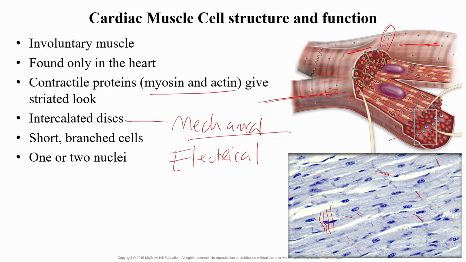When it gets here, how does it skip to the next stitched muscle fiber? Well, it doesn't need to skip. Their cytoplasms are directly connected through the intercalated discs. Other things about cardiac muscles, they could have several nuclei, one or two, and they're branched. That's pretty unique.